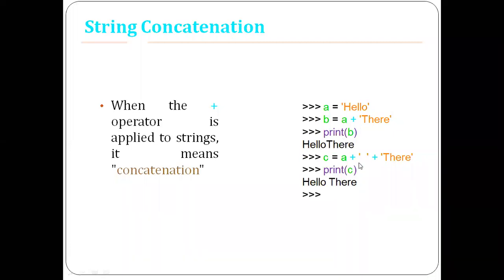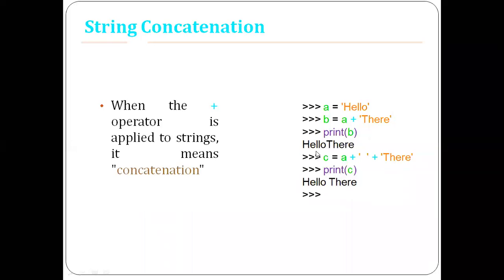If you want to leave a space, you have to concatenate one more string, a space. c is equal to a, which is hello, plus a space, plus b, which is there, giving hello there.